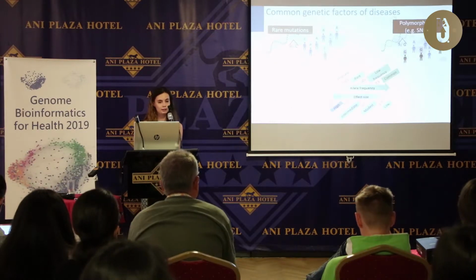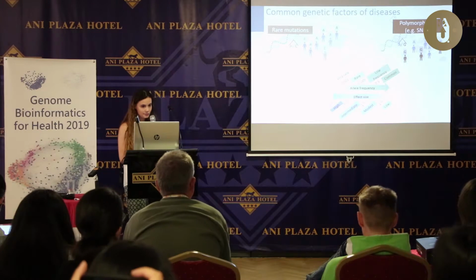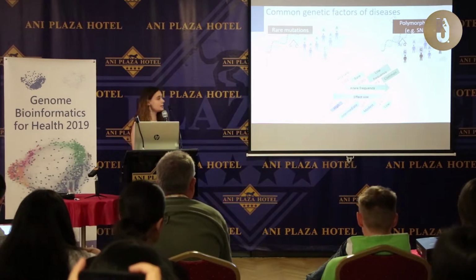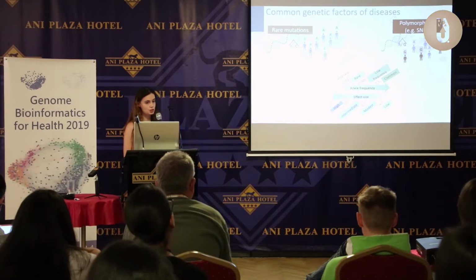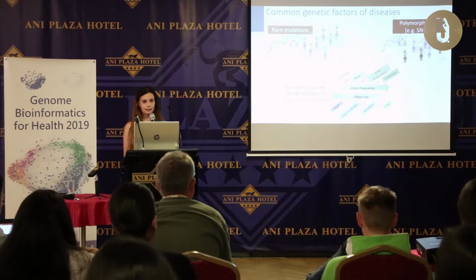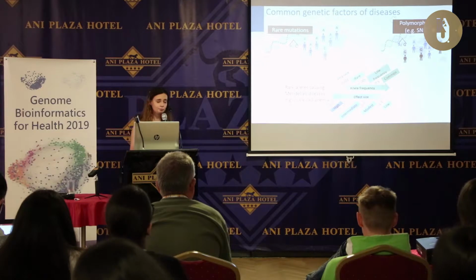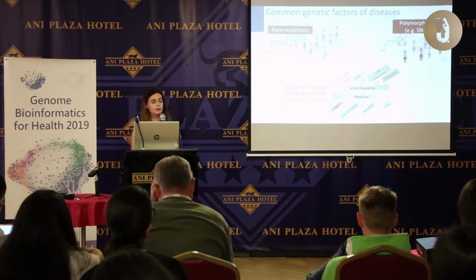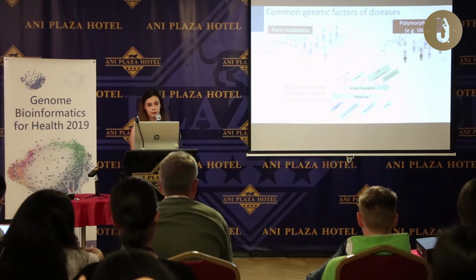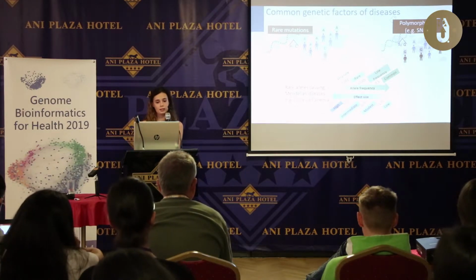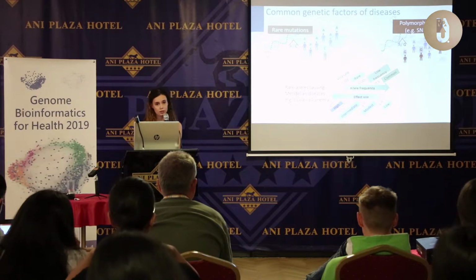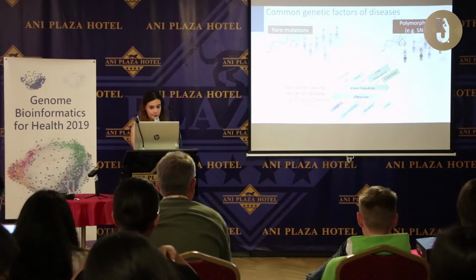But going back to genetic factors, diseases can be caused by rare mutations, which cause Mendelian diseases. These rare mutations are characterized by very low frequency in the population. However, they have a very high effect on disease development, which means if a person has this rare mutation, he will also develop the disease.